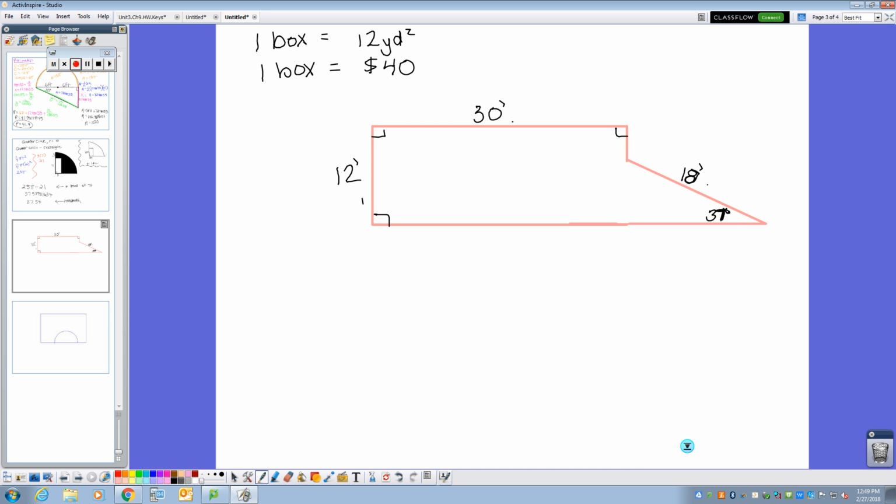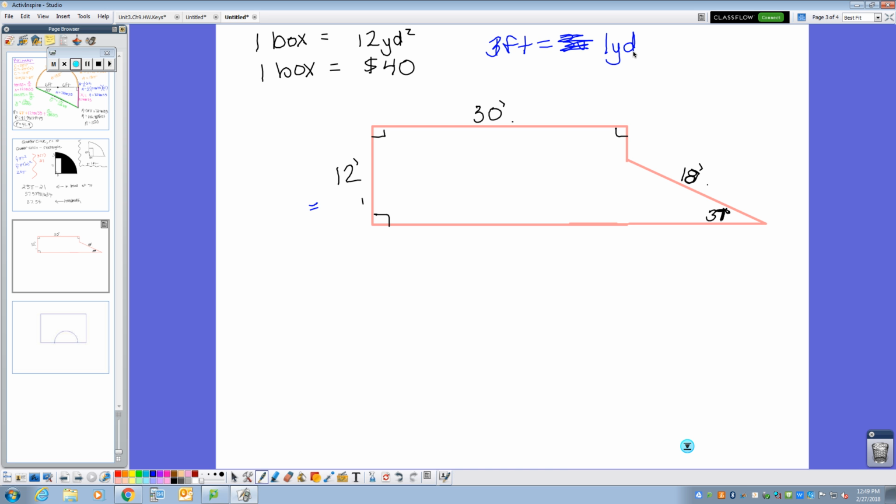So the first thing we notice is that I gave the dimensions of the room in feet, and that the box of tiles is in yards. And so that's a problem for us. We could convert at the end, but I would recommend always converting at the beginning. So if this is 12 feet, we know that 3 feet is equal to 1 yard, which I get from making examples up on the fly.